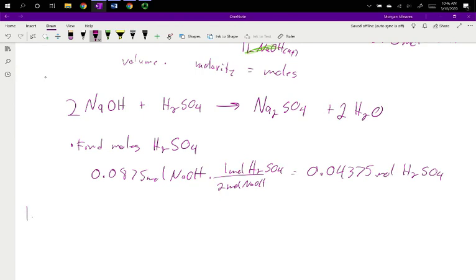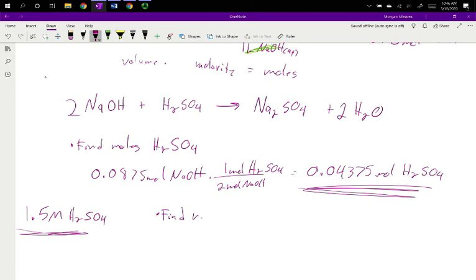Well, we knew the concentration. Back at the start, it said it was 1.5 molar H2SO4. I know the moles I want. I know the concentration. And so I can set up a way to find volume. 0.04375 mole of H2SO4. There is 1.5 mole of H2SO4 in every 1 liter of the solution.